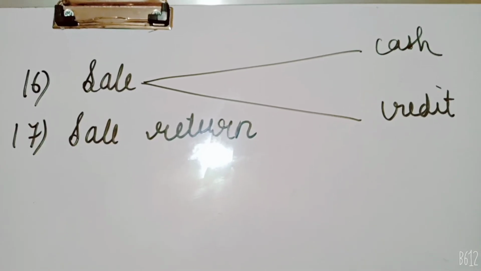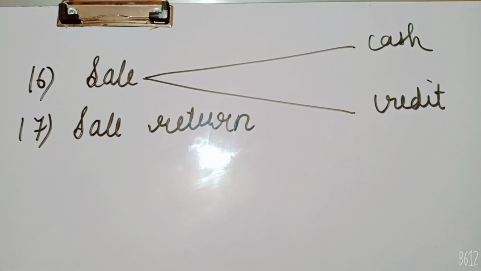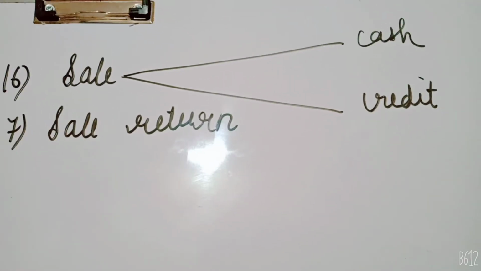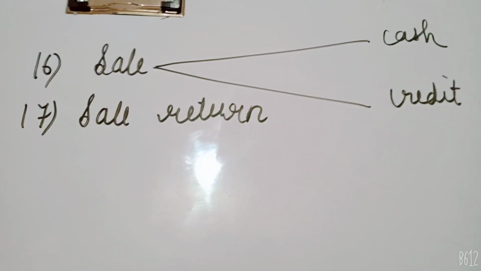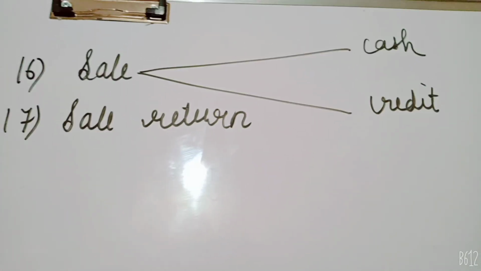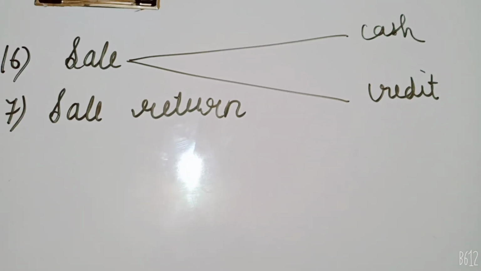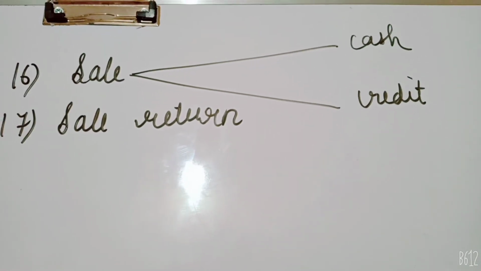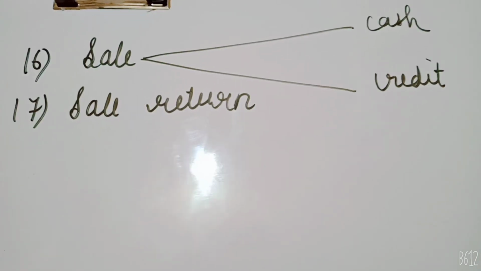Sale. When the goods are sold in a business firm, it is termed as sale. Now sale can be of two types, cash sale and credit sale. When a customer buys goods and pays cash for it, it is called cash sale, but when a customer buys it and decides to pay in future, then it's called credit sale.